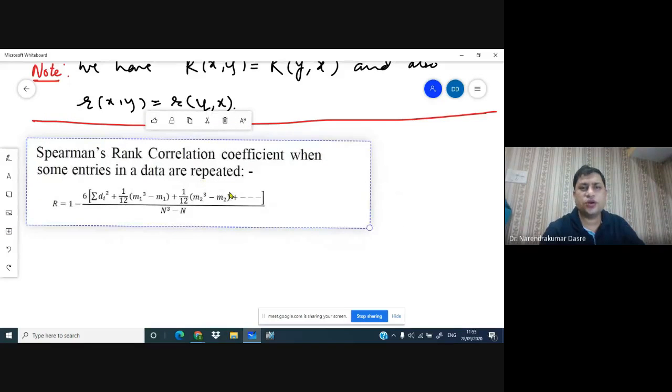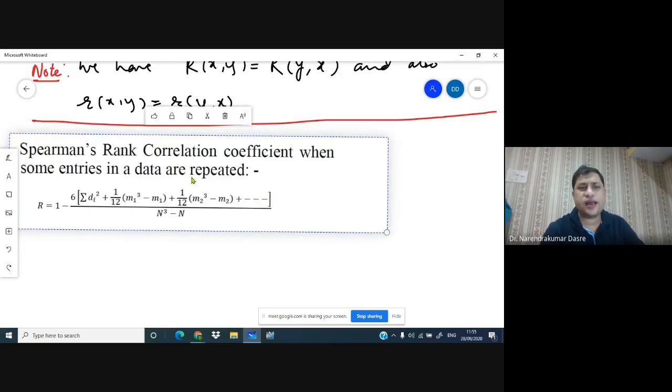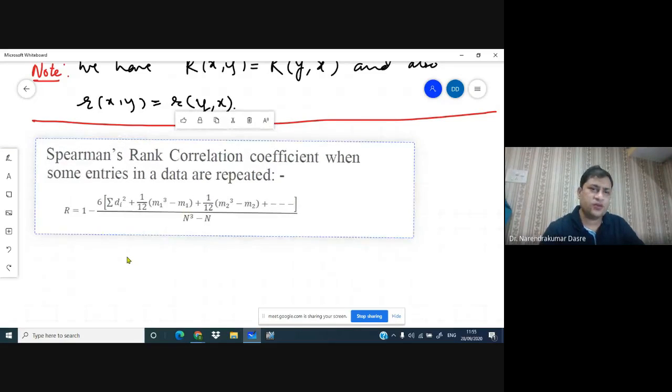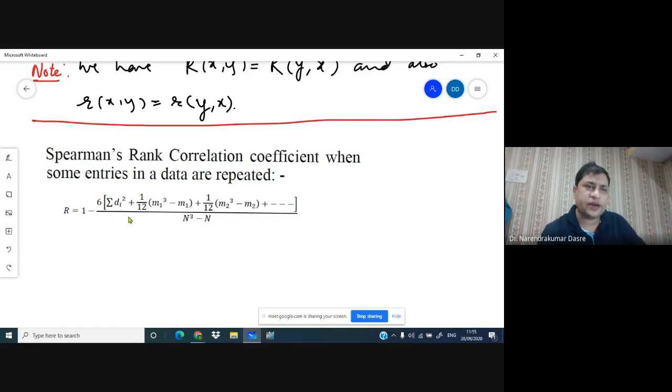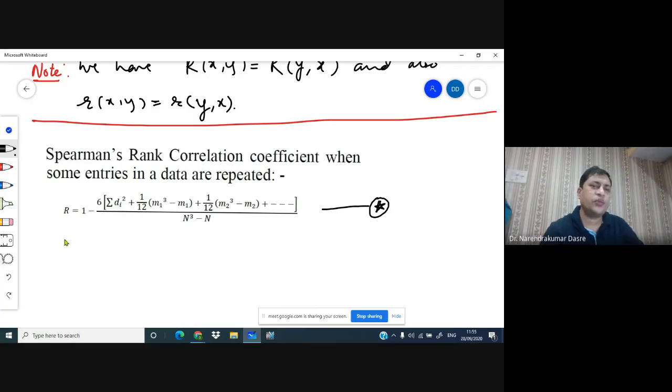If the rank or the data is repeated, then we have to modify our formula as this one. Earlier it used to be only the term 6 times summation di square, and now you have these more terms.